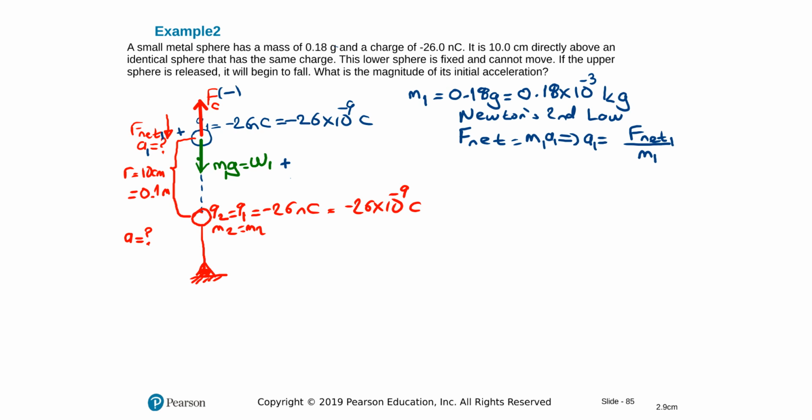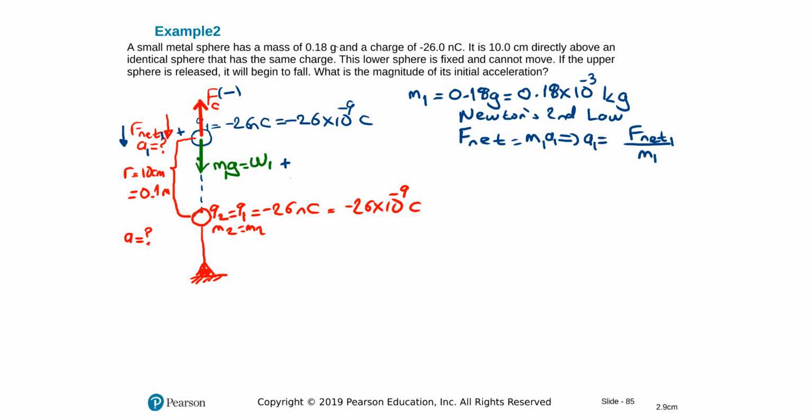Always take the net force direction to be positive to avoid getting negatives, and just calculate the magnitude of A, and it will be positive. We already know it's downward, and positivity also shows that.